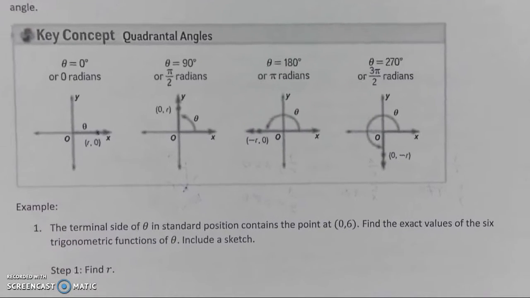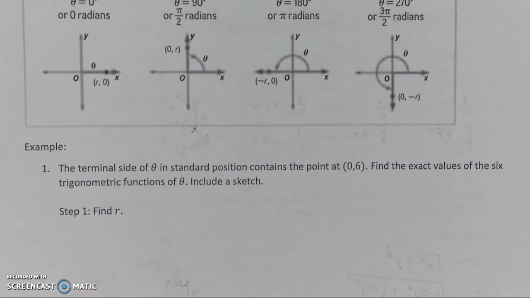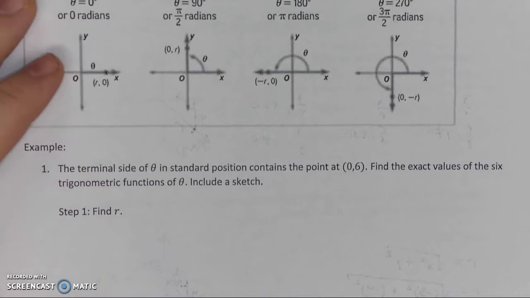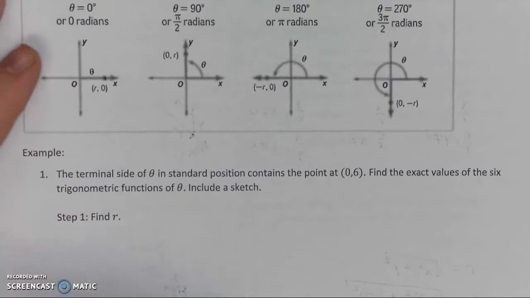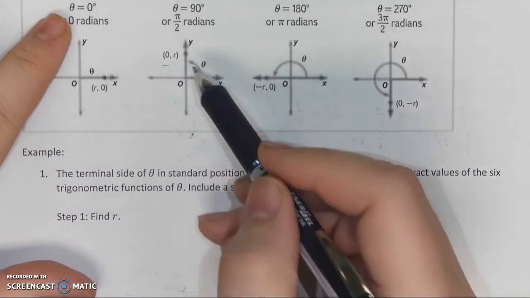Let's look at an example using these angles. It says the terminal side of theta is in standard position and it contains the point 0,6. Find the exact values of the 6 trigonometric functions of theta and include a sketch. So I'm at the point 0,6, so this would be the point 0, r.